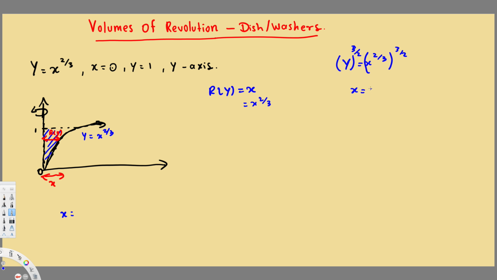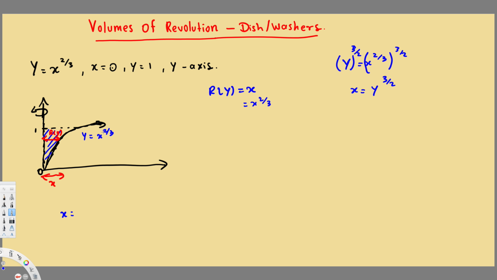So x is equal to y to the power 3 by 2. So that's going to be the radius. x is equal to y to the power 3 by 2, and that's going to be the radius.